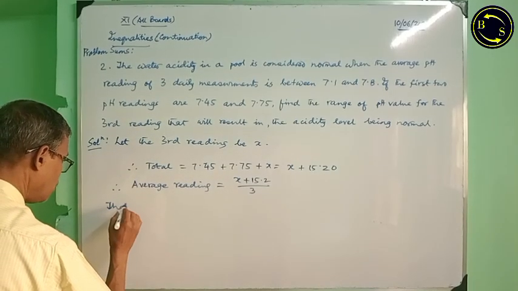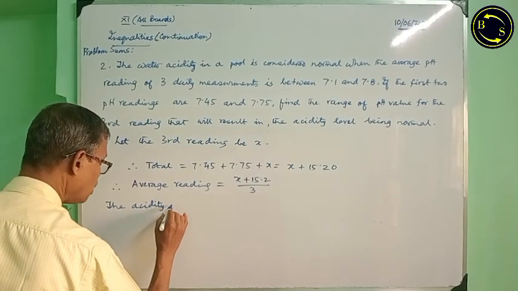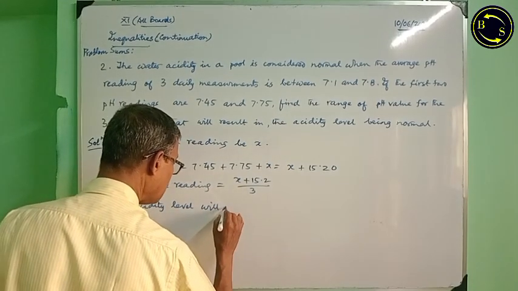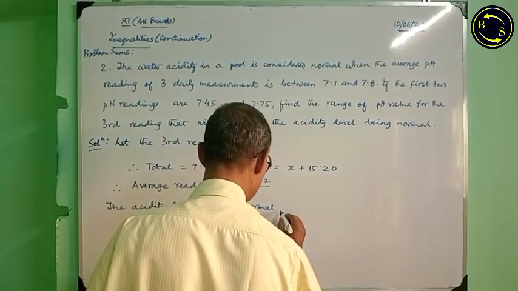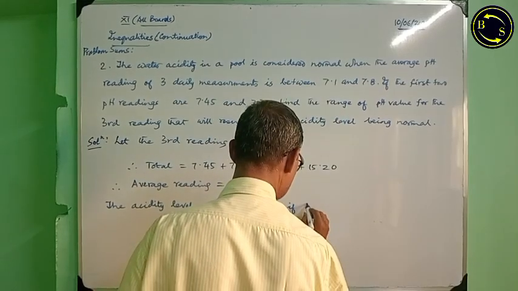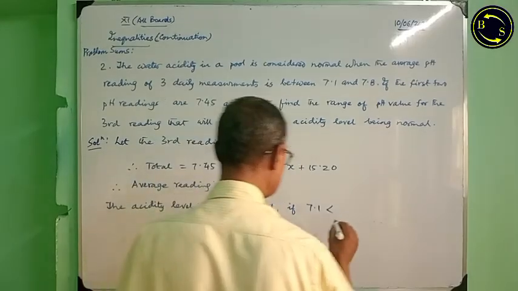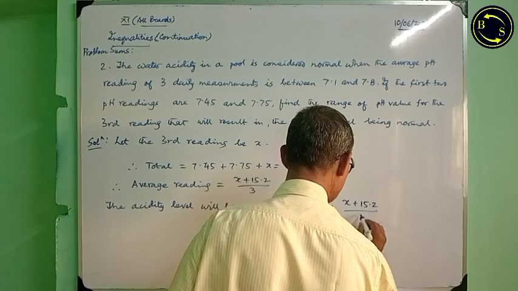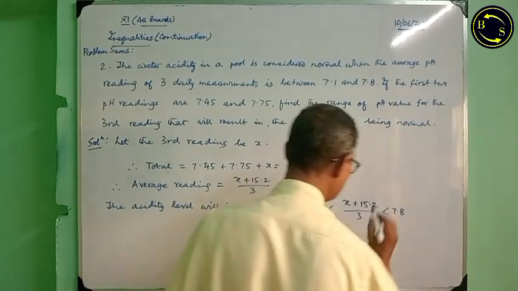The acidity level will be normal if 7.1 less than this average reading X plus 15.2 by 3 less than 7.8.